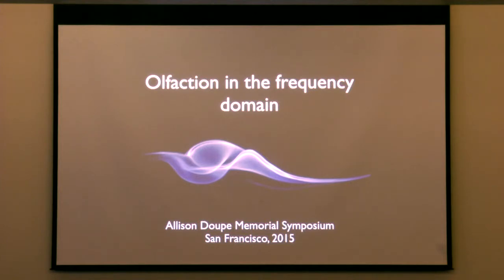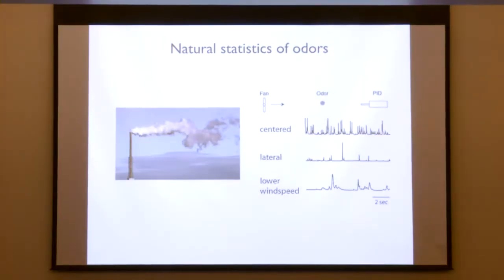So as I said, because of my training with Allison, when I went to study the olfactory system with Rachel, I started immediately thinking about what are the olfactory signals that a fly actually encounters as it's moving around its environment. And it's hard to measure odor signals in nature, but you can get an idea of what they do by looking at some other kind of tracer like smoke.